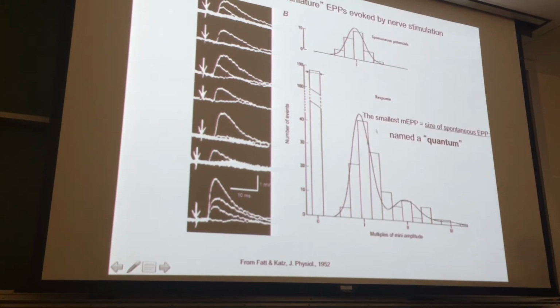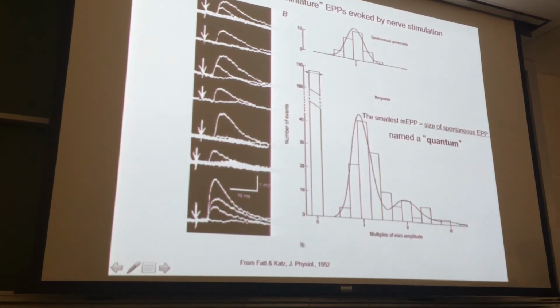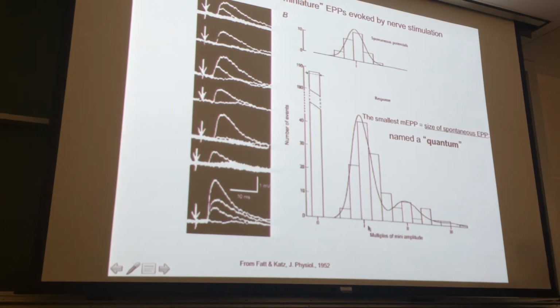They were adding up. And so this first publication with Paul Fatt, one of many Fatt and Katz publications, we were able to determine the smallest unit. So this is the size here versus the number. I know this is a little hard to look at. This is what's called a Poisson distribution, but you're looking at the size on this axis.